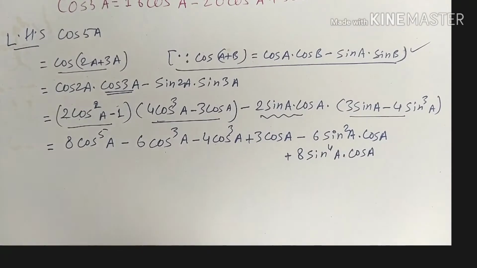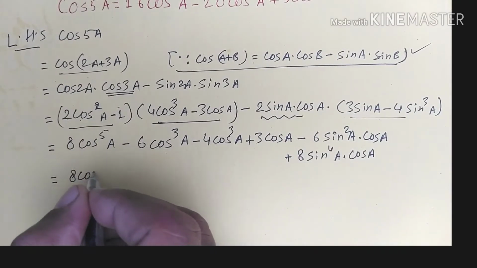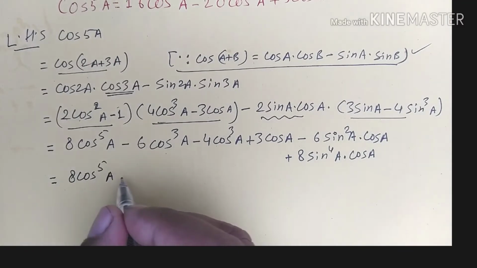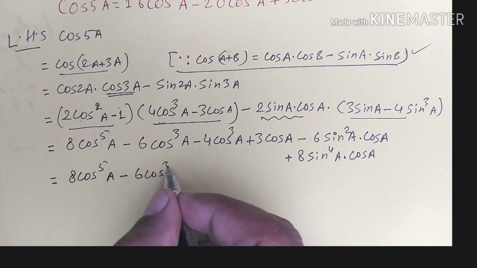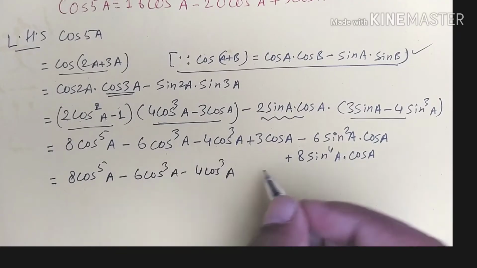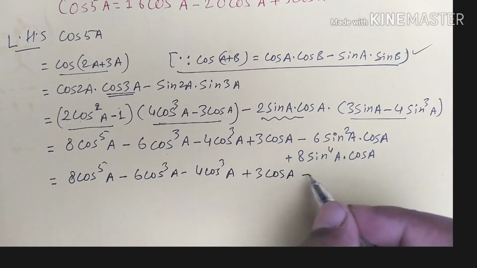And this term 8 cos power 5a is as it is, minus 6 cos cube a minus 4 cos cube a plus 3 cos a minus 6.